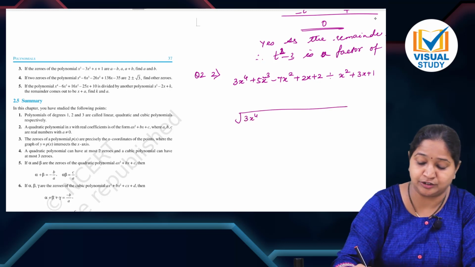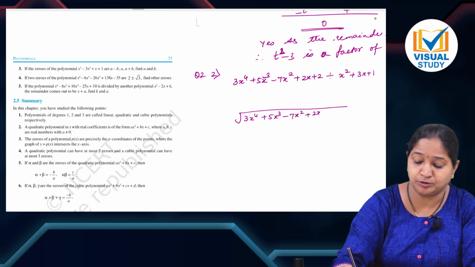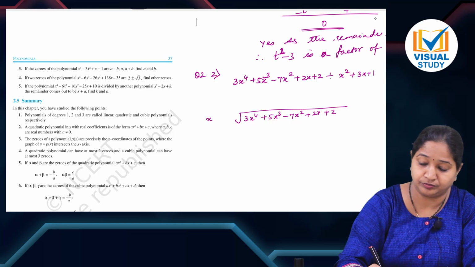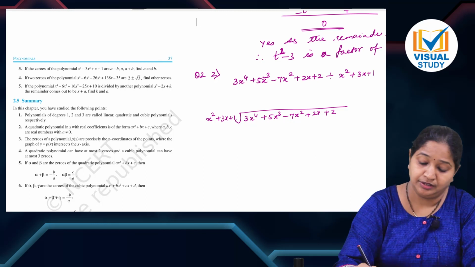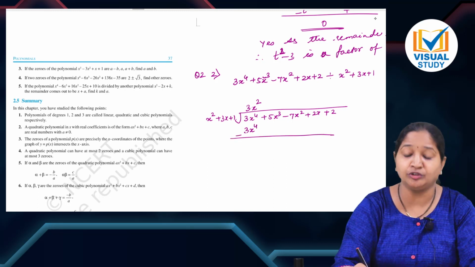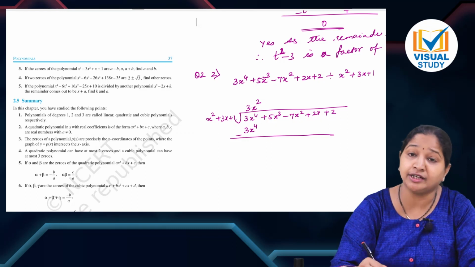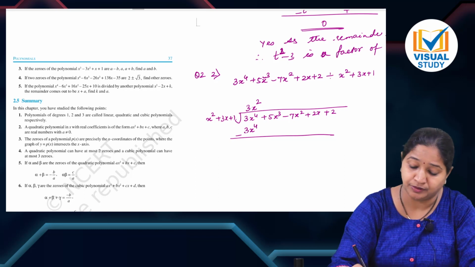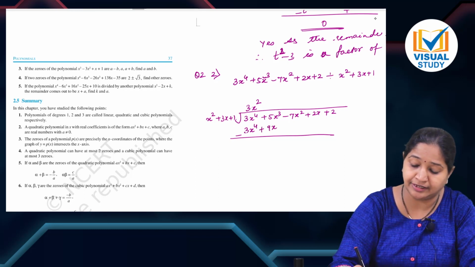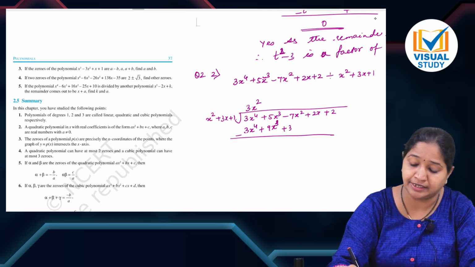That is 3x raised to 4 plus 5x cube minus 7x square plus 2x plus 2. 3x square into x square, that is 3x raised to 4. Again you have to divide 3x raised to 4 by x square. Now this 3x square into 3x, you get 9x cube. So that is plus 9x cube. 3x square into 1 you get plus 3x square.